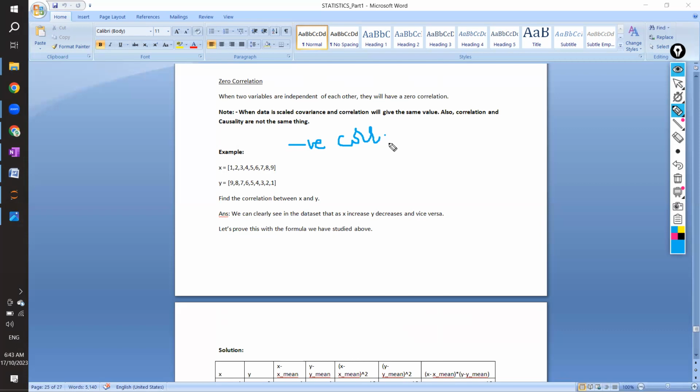If this is negatively correlated, what is the range of correlation, guys? Can anyone tell me the range of the correlation?